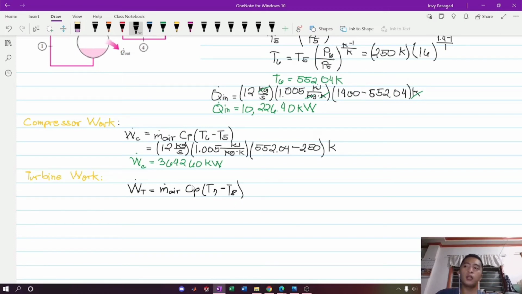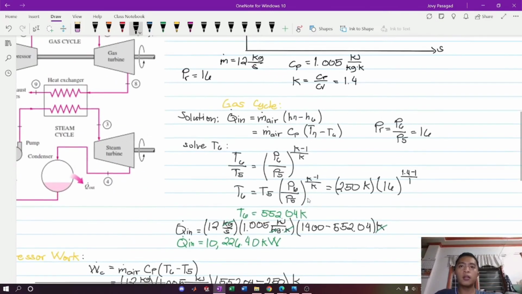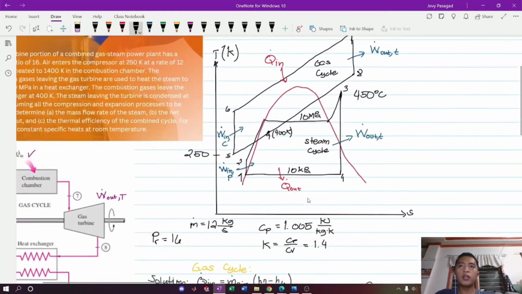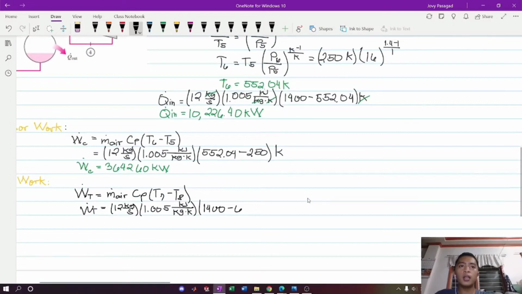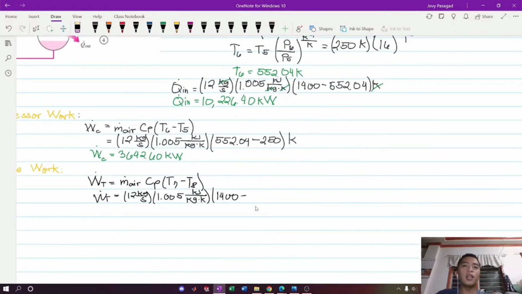So substituting the formula, W dot T equals 12 kilograms per second times 1.005 kilojoules per kilogram Kelvin times 1,400 minus 600. Is that right? 1,400 minus T8. So solving for T8.